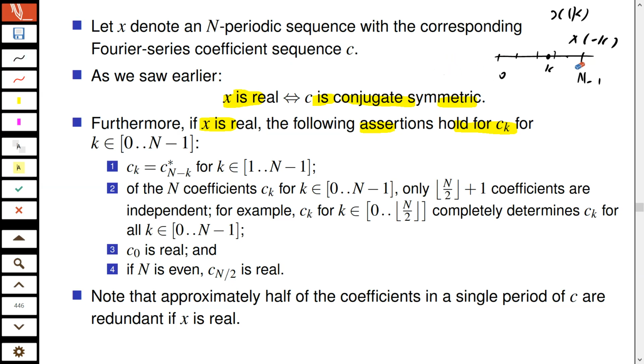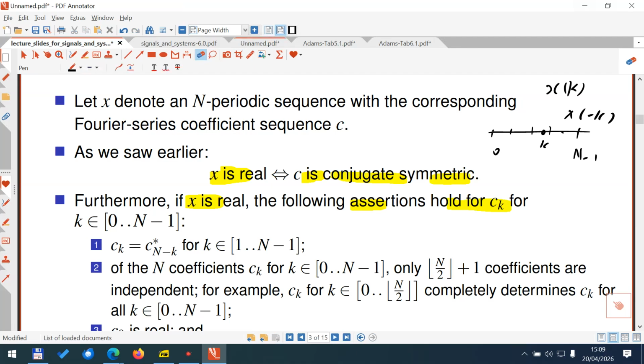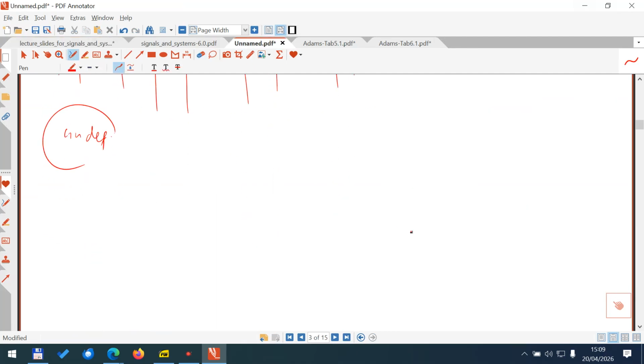Do you remember the concept of two's complement from programming fundamentals? Two's complement. Yes, sir. Yeah. So let me remind you. If let's say I have a number between 0 and 100, right?